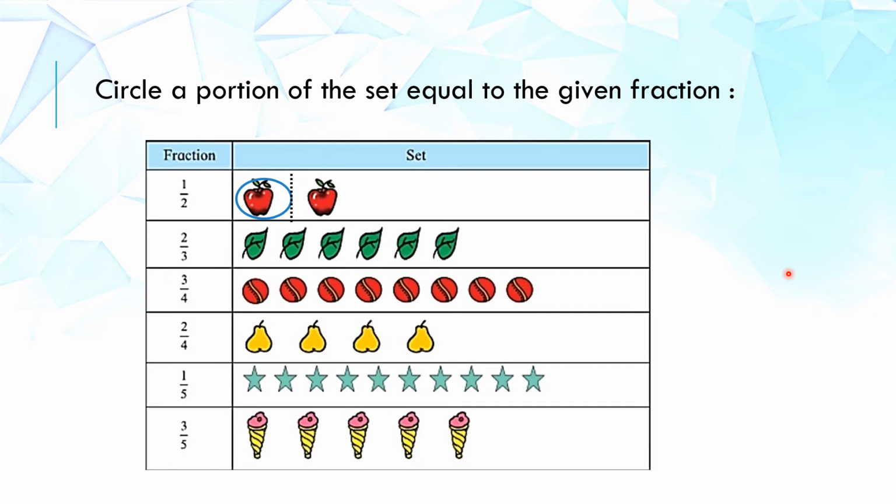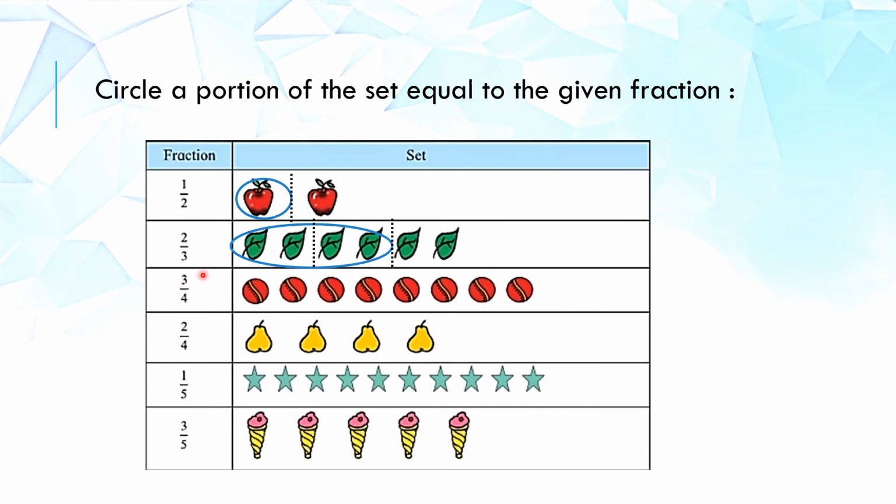So 6 divided by 3 we get 2. So 2 leaves in each part. Now as 3 is given in the denominator, we have made these leaves into 3 parts. From these 3 parts we will circle 2 parts. So we have circled 2 parts from the given 3 parts.